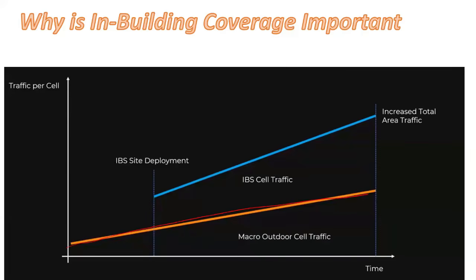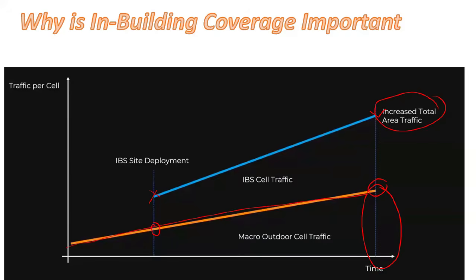But the moment we put IBS, our traffic increases from this point to this point, right? As time goes, our traffic increased like this. In the graph, it looks like our traffic increased 2 to 3 times compared to the macro outdoor cell when we install our IBS cell site, right?